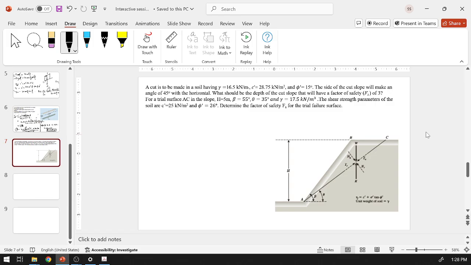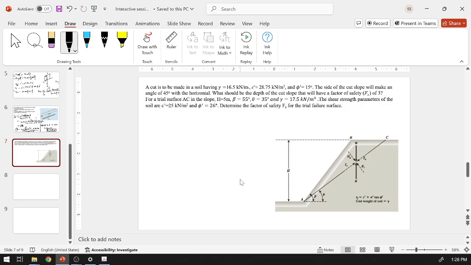When we have a plane failure, usually we use Culmann's method, based on the assumption that the failure of the slope occurs along this plane, where the average shearing stress that causes the failure is greater than the shear strength.